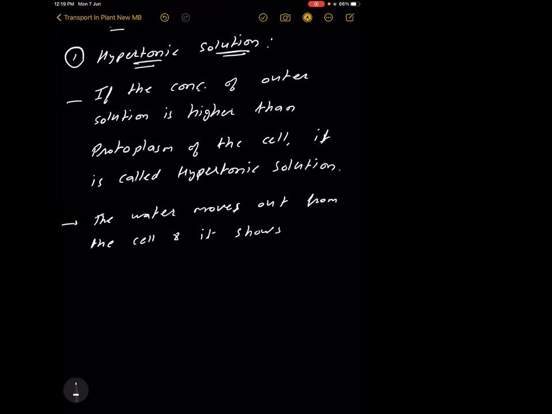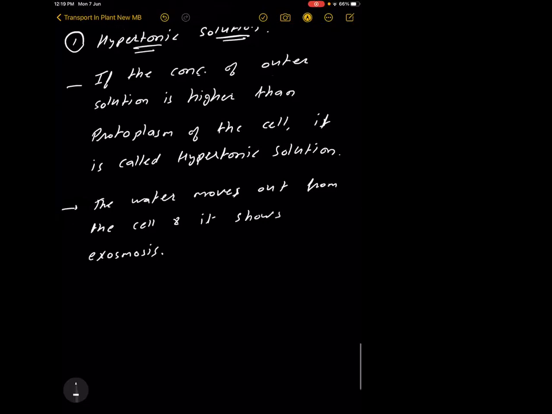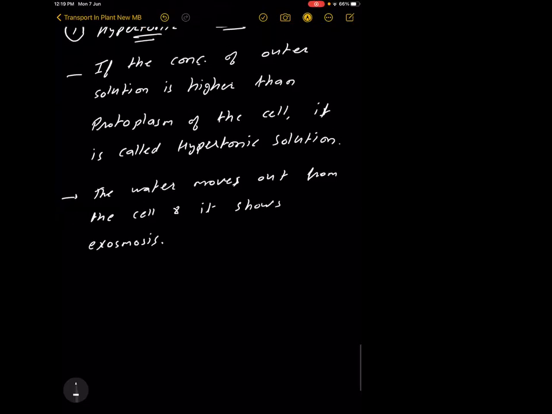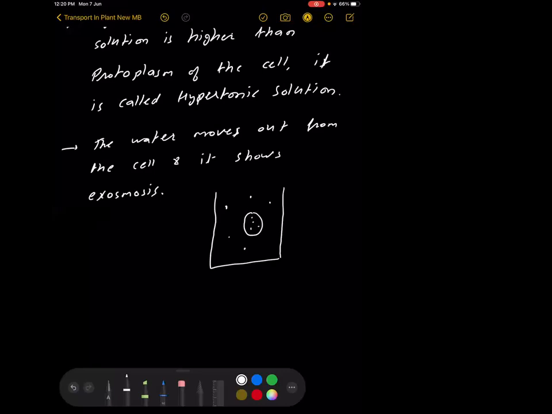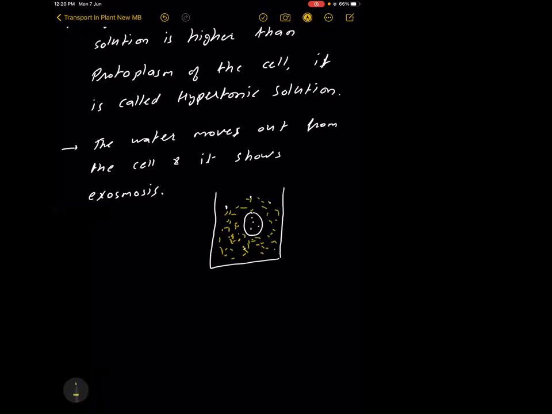Clear? Now next, this means the cell is getting flaccid. It is plasmolyzed now. So in the plasmolysis process, you can define this hypertonic solution. Hypertonic means a highly concentrated solution, a sugar solution, suppose.